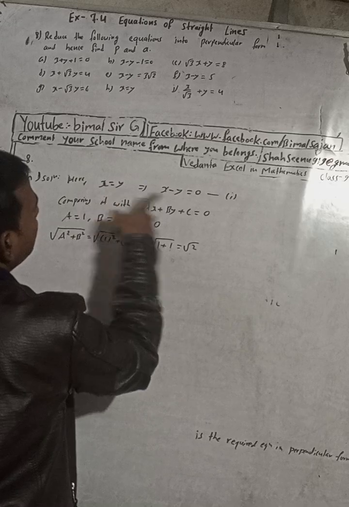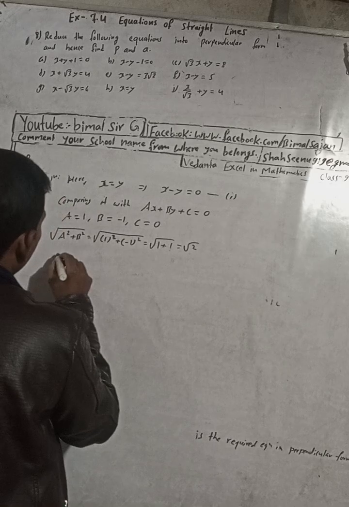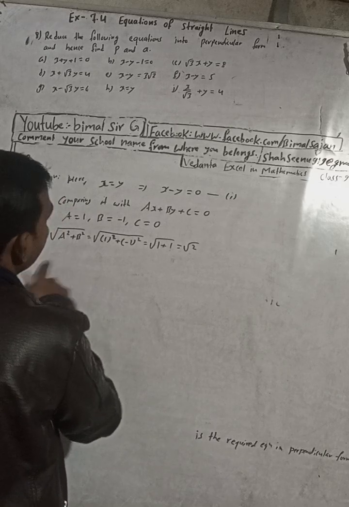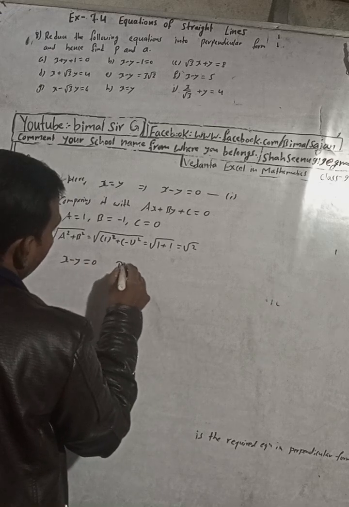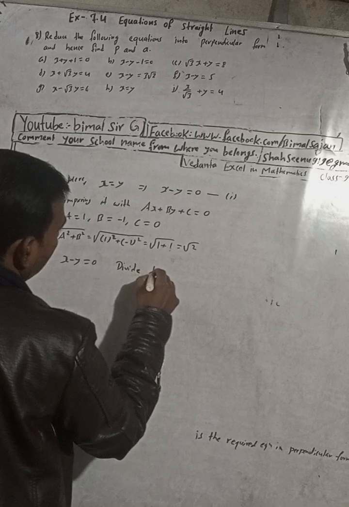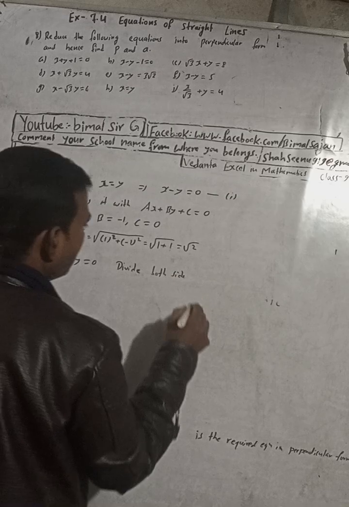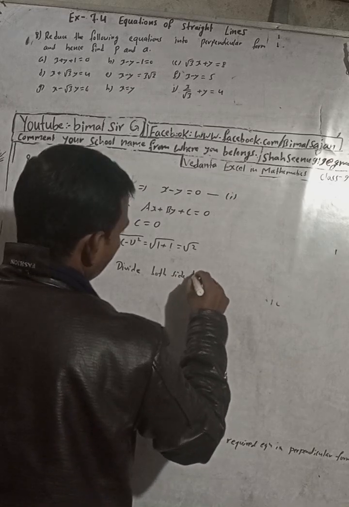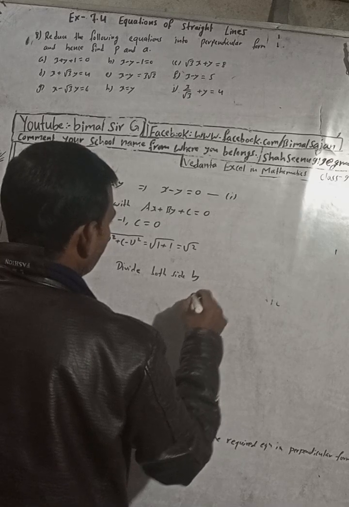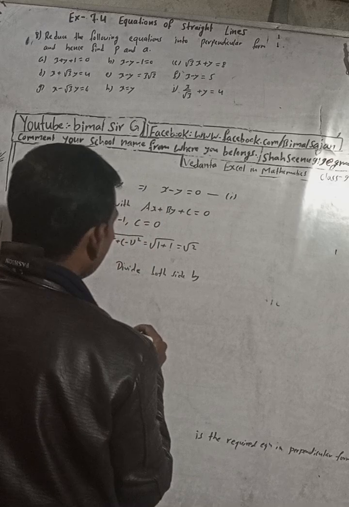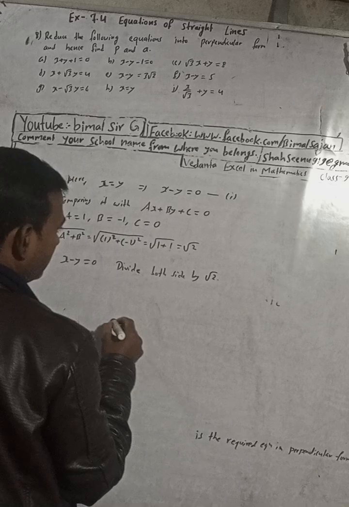Now in this equation, first I write x minus y is equal to 0. Now divide both sides by this root 2.